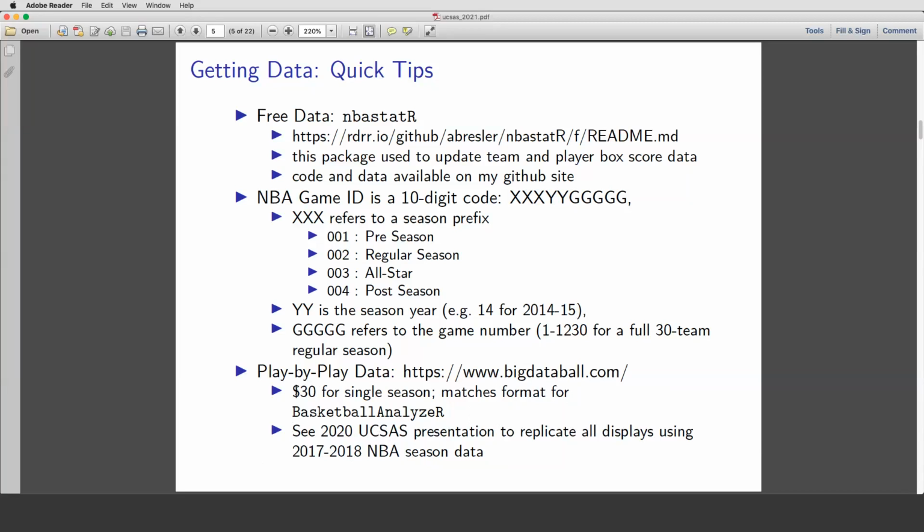Or just pay the $30, which, just think about your time here. It might be worth it. So this is just a quick aside about how to get data, which, of course, is a very important part of doing cool analytics.